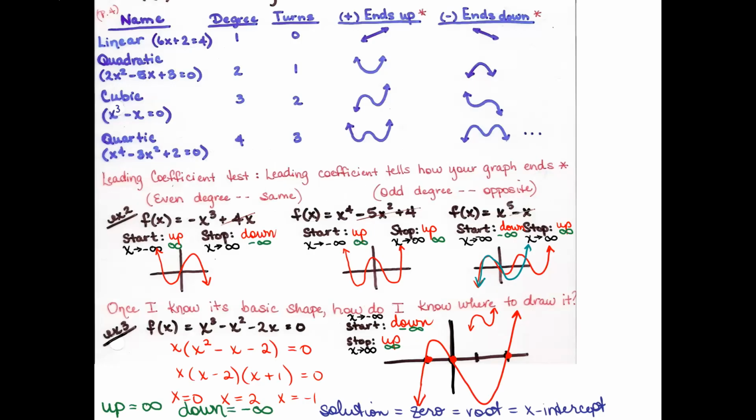Second trace. And then we choose option number 2, which is 0. Because remember, solution, 0, x-intercept, root, they're all the same thing, right? So if we're trying to figure out where our x-intercepts are, that's why we're using the 0 of the function. Okay, so I'm going to choose 0.